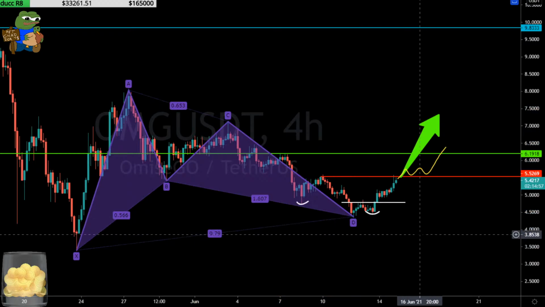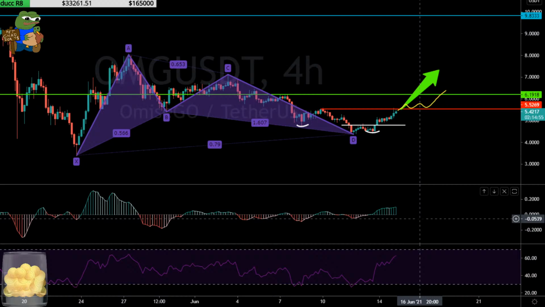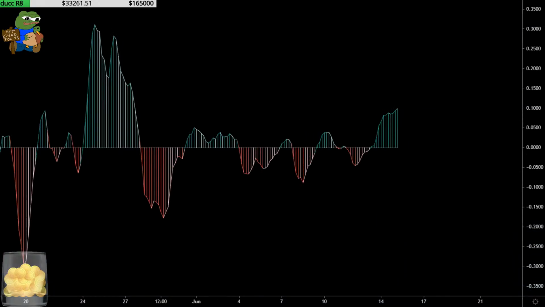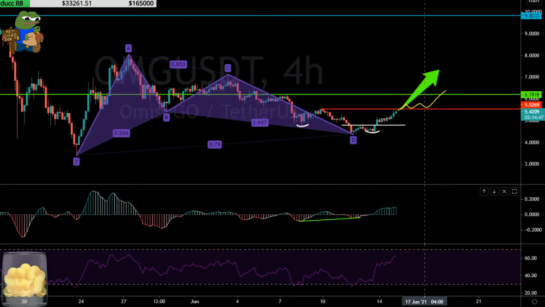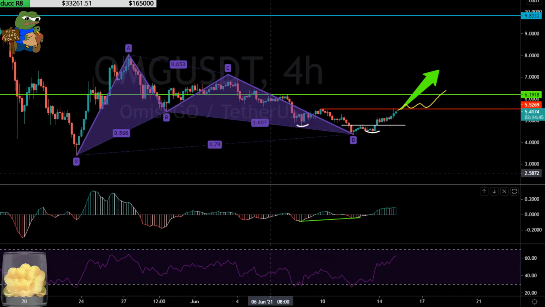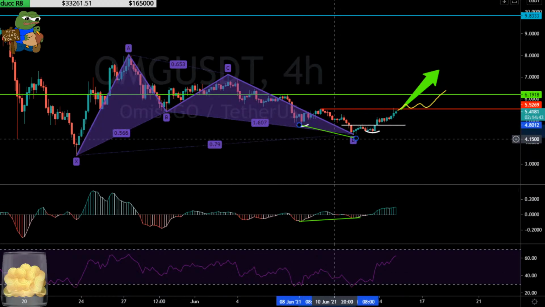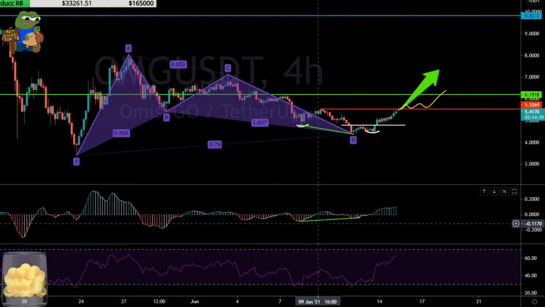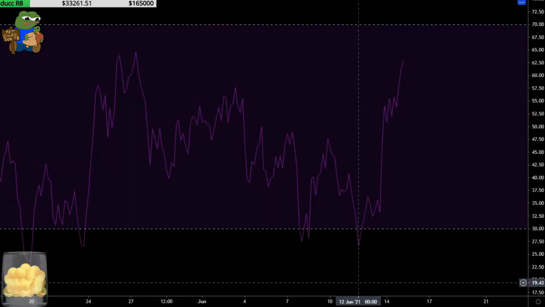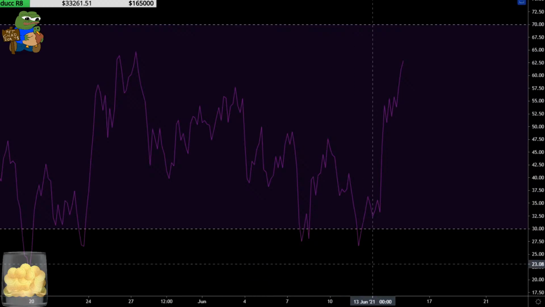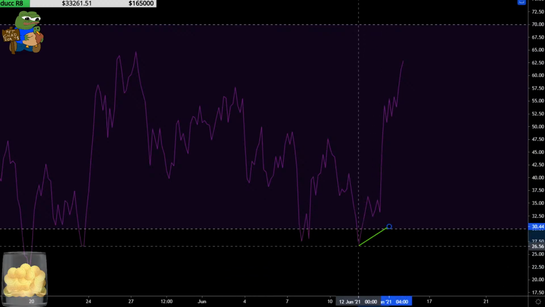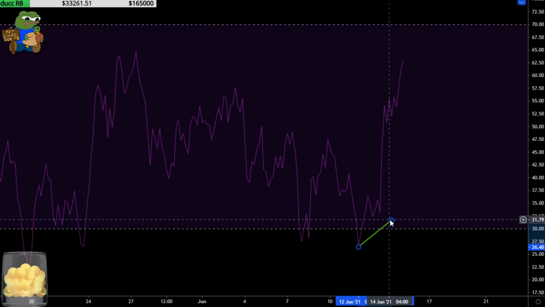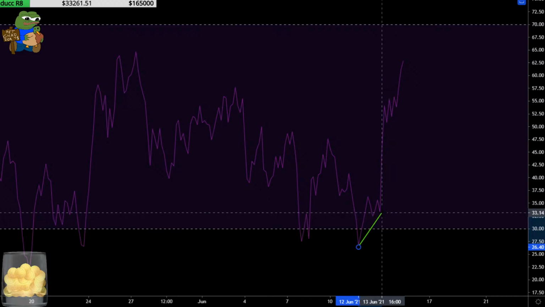So looking at your oscillators here, you did have some decent bullish divergence develop at that completion zone of what would be the harmonic already. See where you had this low on price and a slightly lower low, and at the same time you put in higher levels of negative momentum. You also got this tail end RSI divergence.